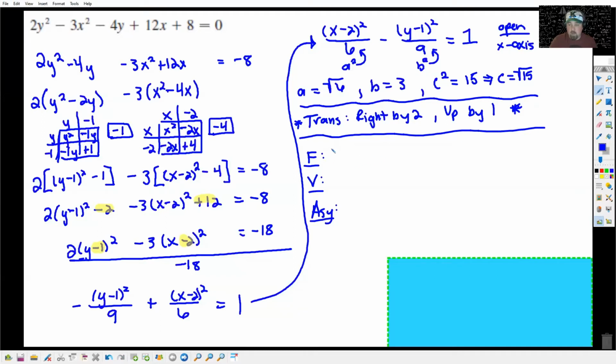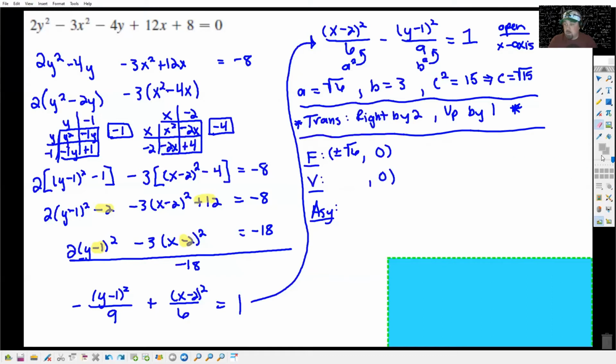So when we go through and we find the focus, now remember we said this opens on the x-axis, so these values are going to be on the x. So that means the y for them is going to be 0. So focus is part of the a, so this is going to be plus or minus the square root of 6. Vertices, same thing's going to happen here. I apologize, I put those in the wrong one. This should not have been a.